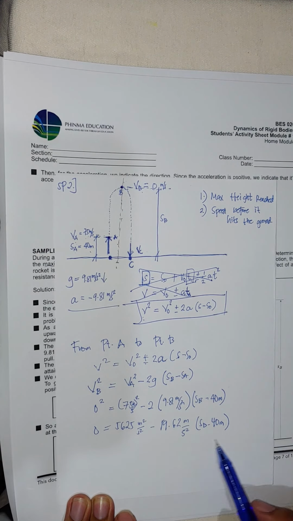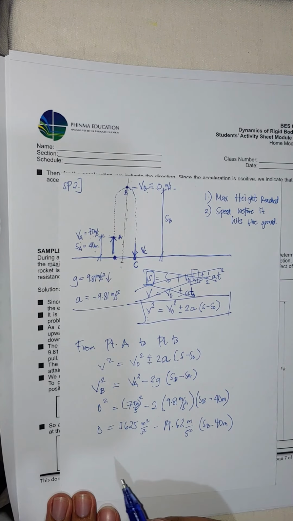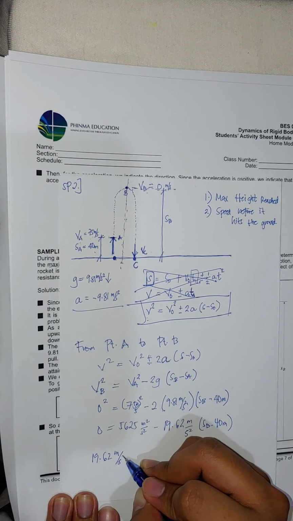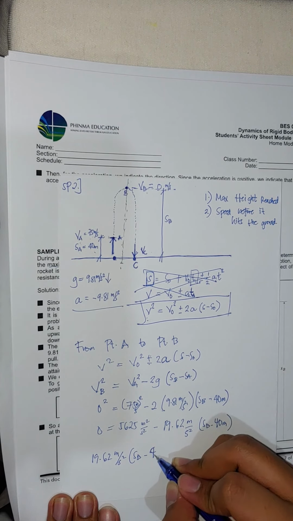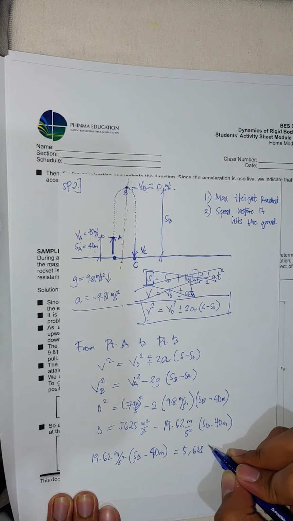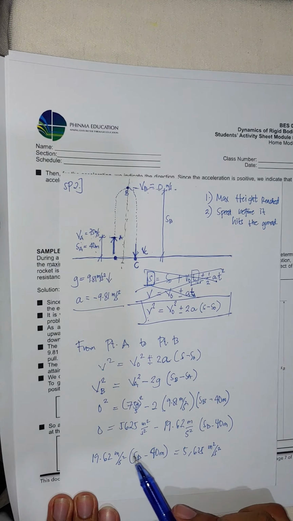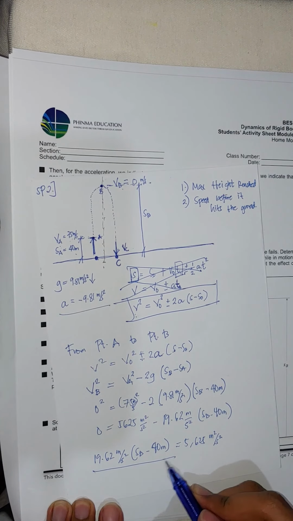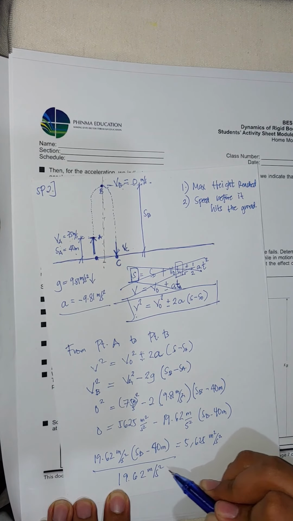So transposing this variable to the left side, we have 19.62 meters per second squared times SB, the final height, minus 40 meters, is equal to 5,625 meters squared per second squared. In order to solve for this variable, we need to divide the whole equation by 19.62 meters per second squared.